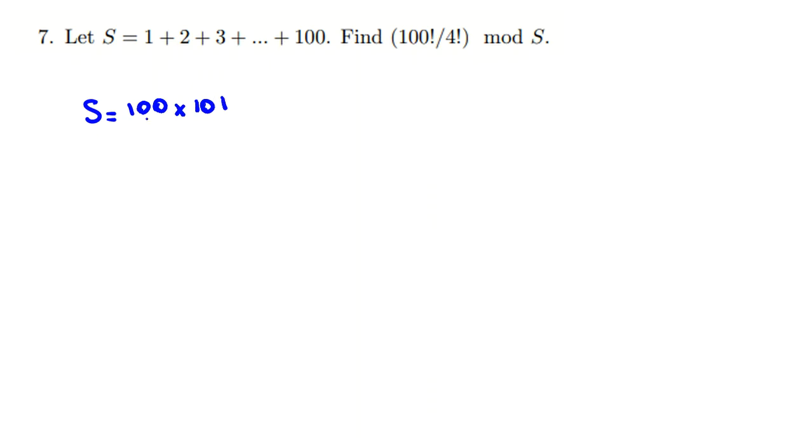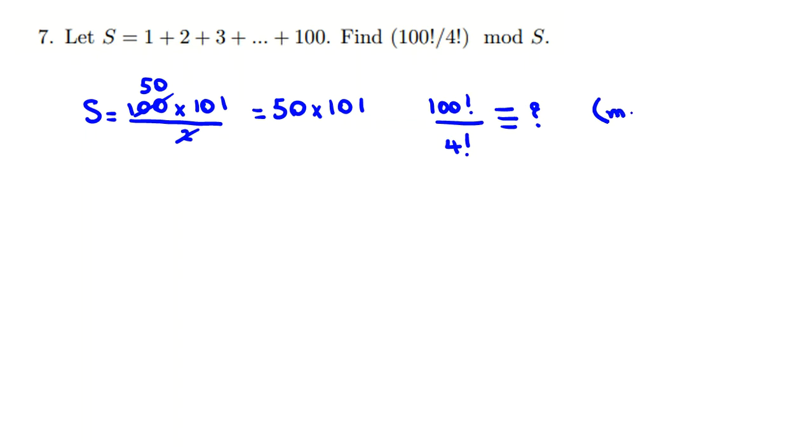So 100 times 101 over 2, and if we divide, it will be 50 times 101. And now we want to find what? Find this mod this. So you say 100 factorial over 4 factorial mod S is what?